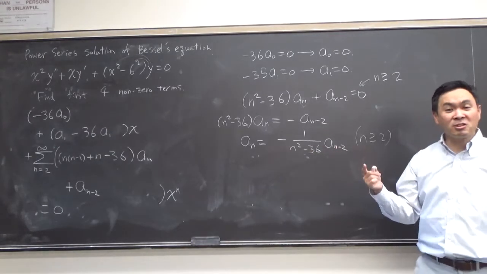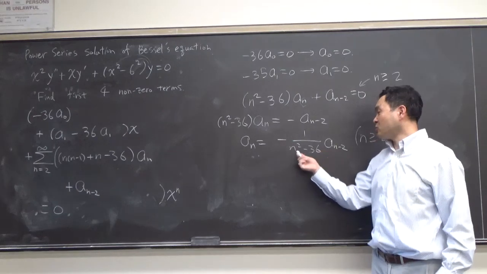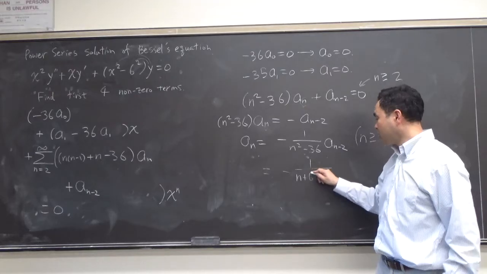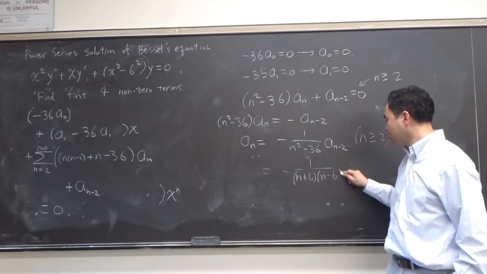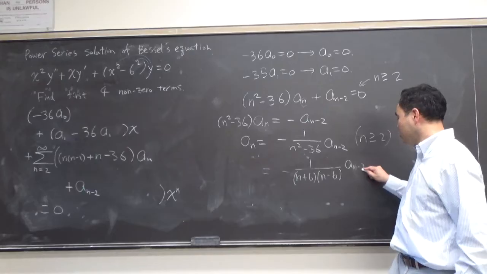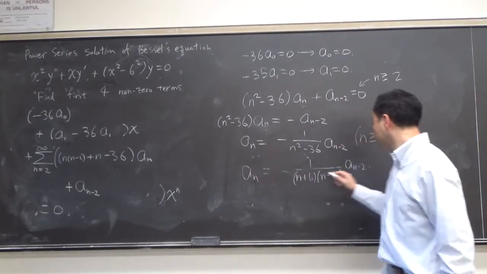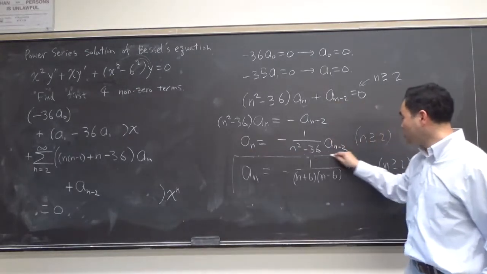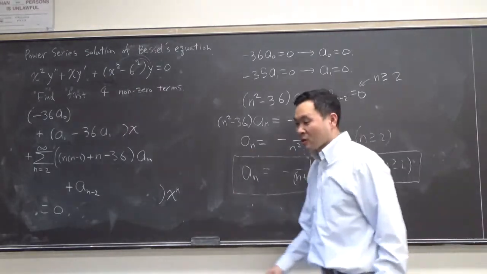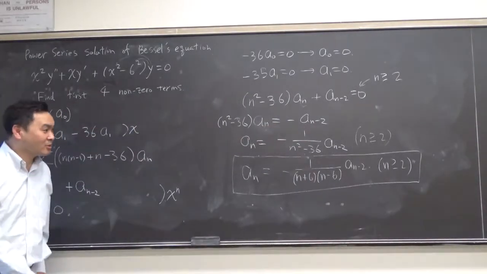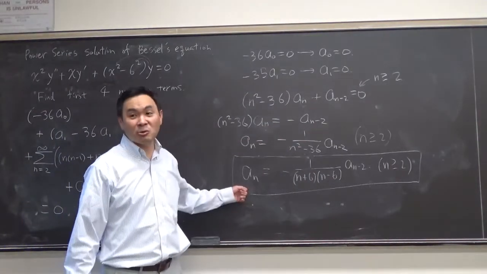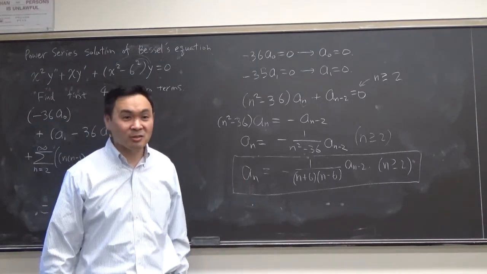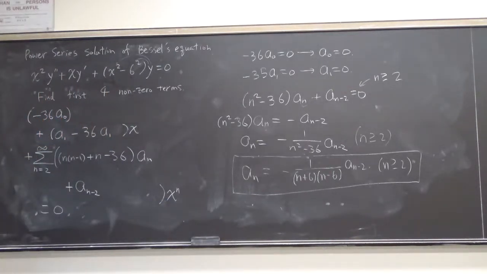Now, from previous experience, it's also beneficial to factor this. So we are going to factor this: n plus 6, n minus 6, a_(n minus 2). And always in your solution, put a box around it because I want to see it. What is this thing called again? Recurrence relation, or recursive relation.